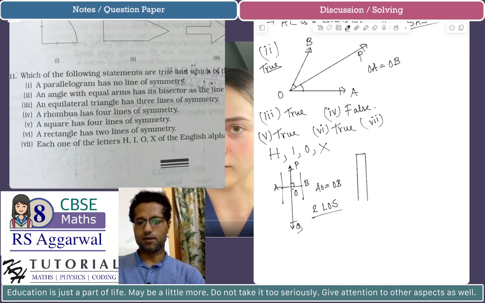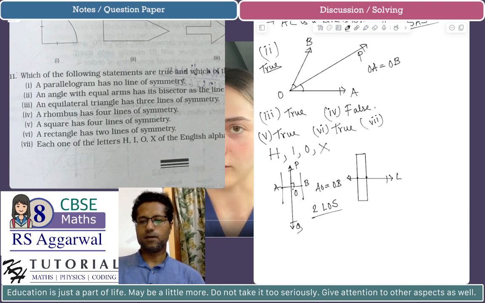If this is I, the two lines of symmetry will be, if I join the midpoints of these two opposite sides, this line will be a line of symmetry.